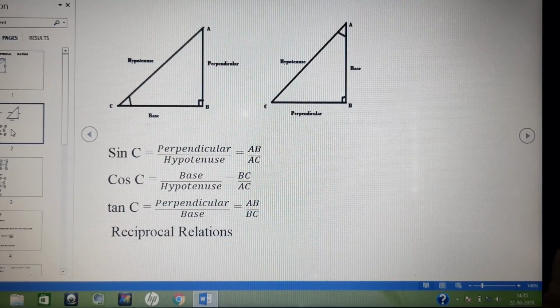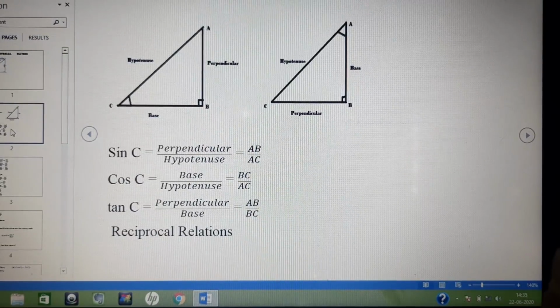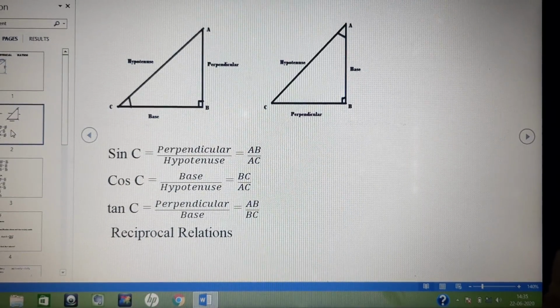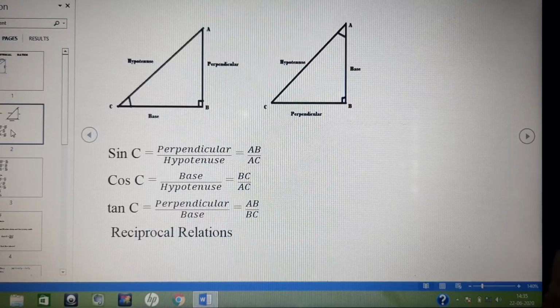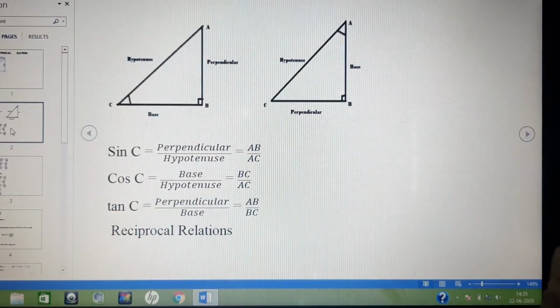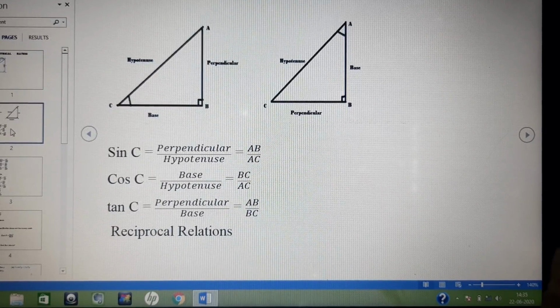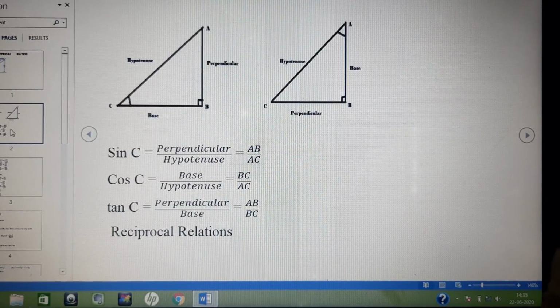If we take angle A, then opposite to angle A, line segment BC becomes the perpendicular and the leftover side becomes the base. So AB becomes the base because the hypotenuse is always definite, opposite to the 90 degree angle, that means AC is the hypotenuse.